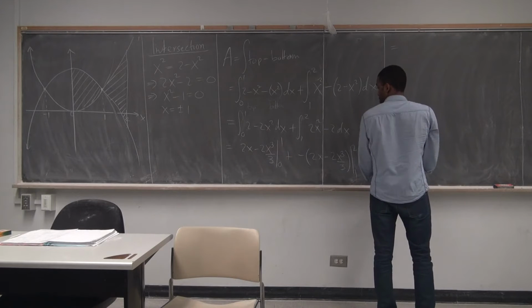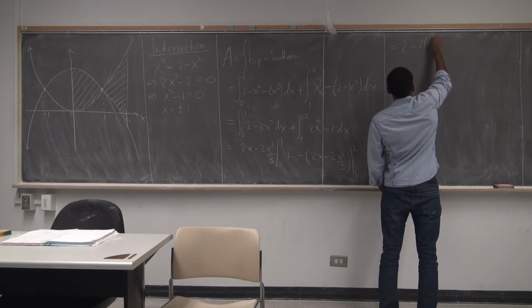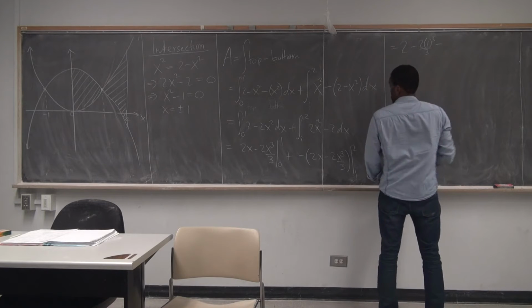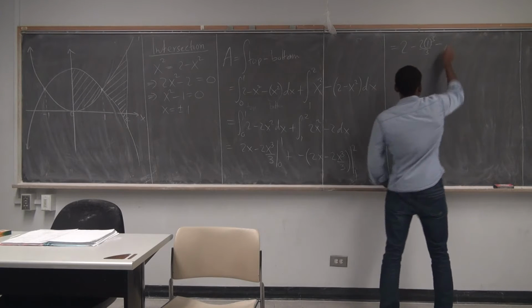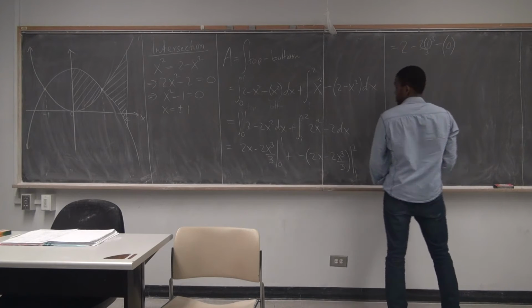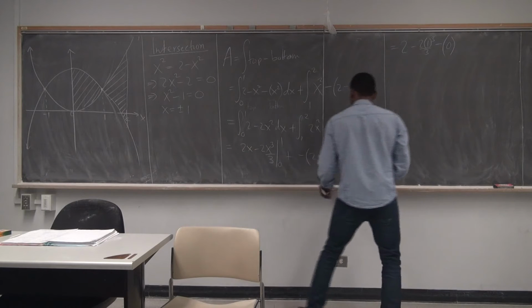What do I do in the first case? By plugging in 1, I get 2 minus 2 times 1 cubed over 3, minus, you plug in 0 here, you get 0. Right? So that's just the first section. I did the fundamental theorem of calculus.